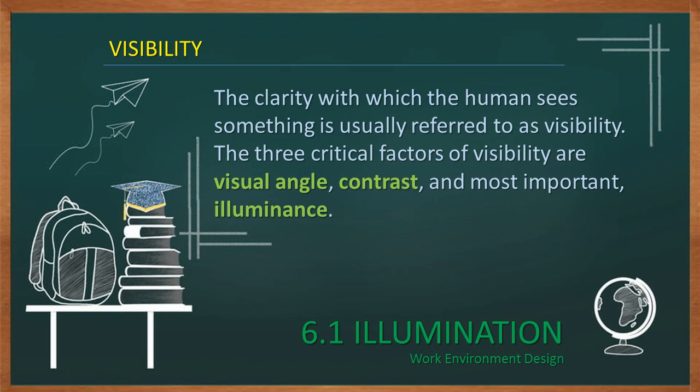Other less important factors for visibility are exposure time, target motion, age, known location, and training, which will not be included here. Visibility will always matter depending on location and on the age of the person. Let's say for example, if he or she is older, there is a tendency that he or she cannot see the environment clearly because of his or her age.